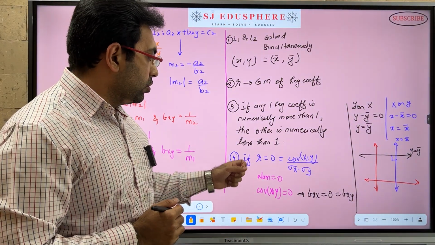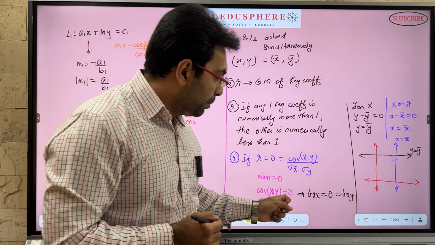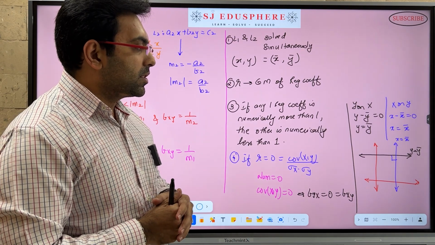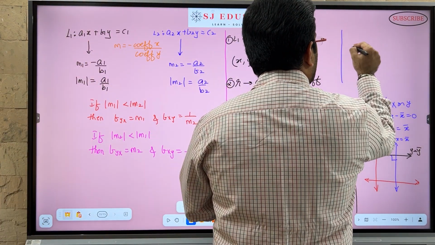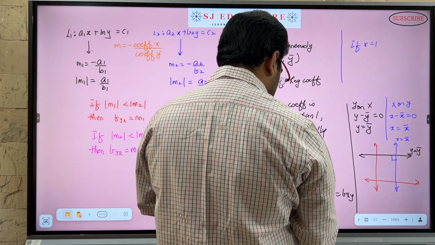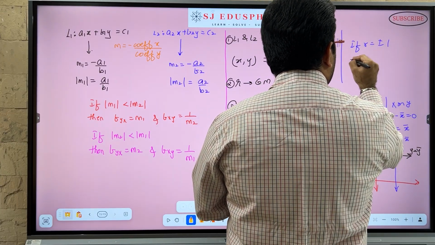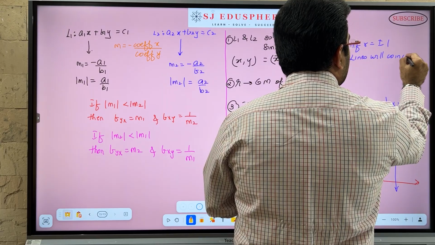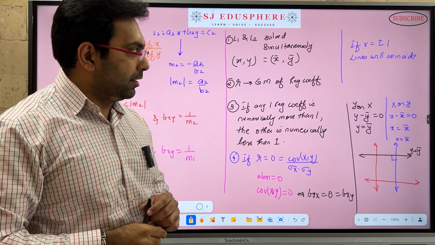So if your covariance is 0 or correlation is 0, byx and bxy will be 0 and the regression lines will be perpendicular to each other. Further, if my value of R is perfect positive or perfect negative, then the lines will coincide. That means they will be one upon the other.